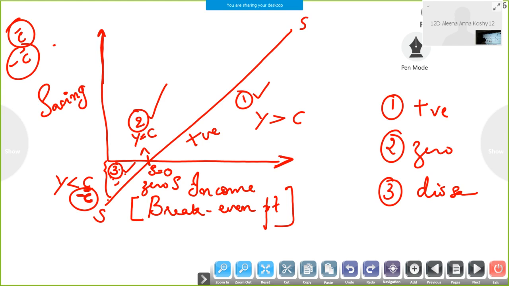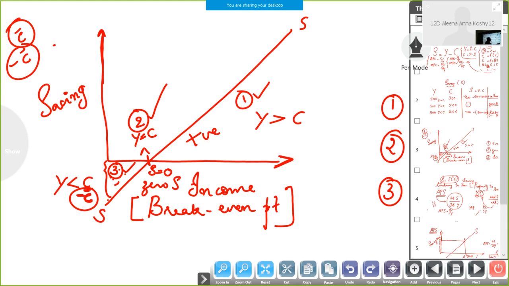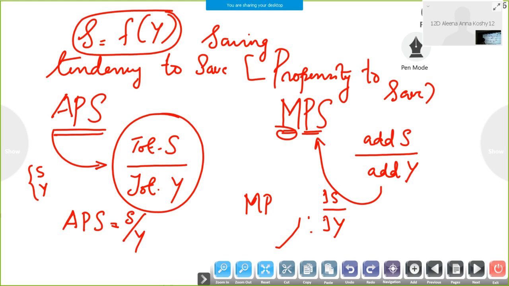Then saving function, S is equal to function of Y. There we can measure a tendency to save, that is propensity to save. There are two measures: average propensity to save and marginal propensity to save.